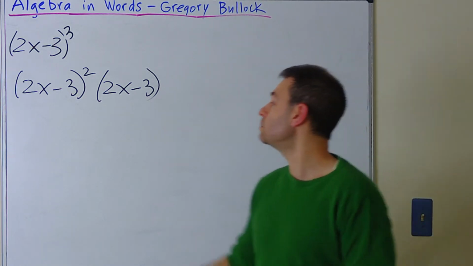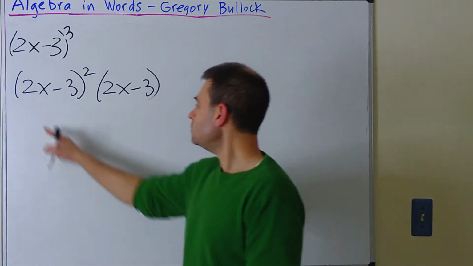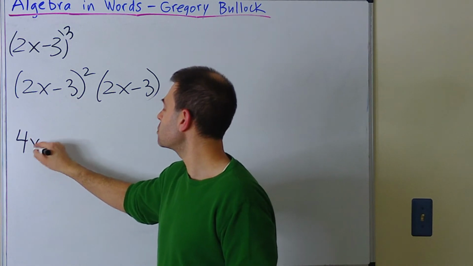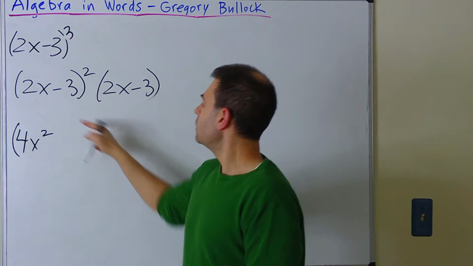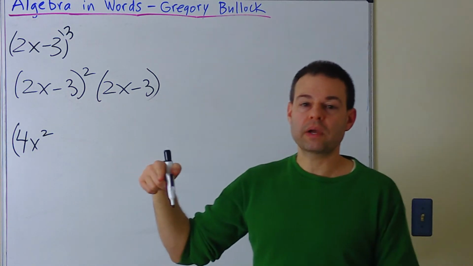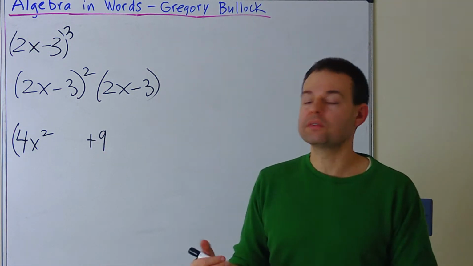So let's get started. Let's do the binomial squared and let's follow the shortcut method. Square the first term, which is going to be 4x squared. Square, leave a little space, and square the last term. Negative 3 squared is positive 9. And now what about the middle term?